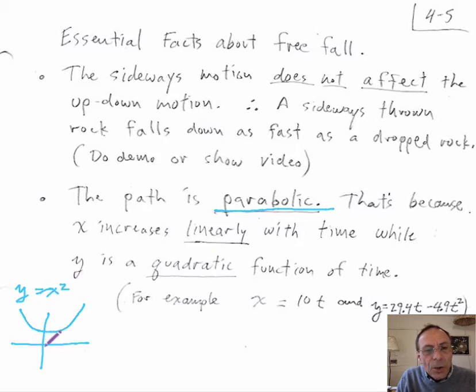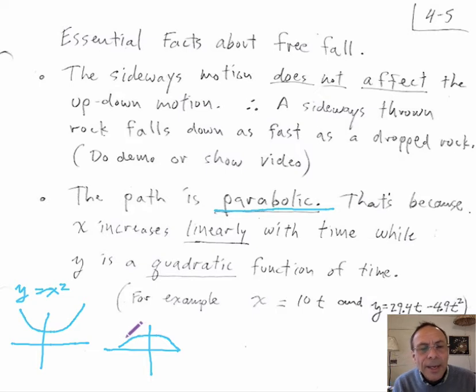So as you go to the right, your x position is linearly increasing. Your y position, which depends on the square of where you are, it does this. It's a parabola. Now, the parabola that we're going to be looking at is going to be something like this, right? So it's still a parabola.